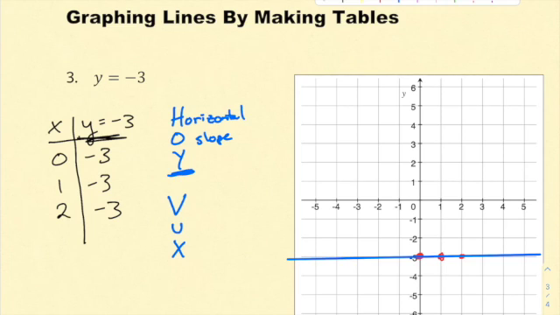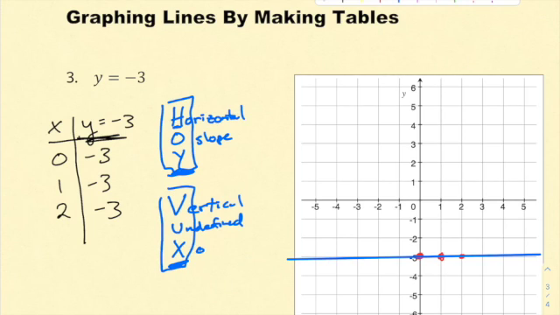So if you just have y, you're a horizontal line with a 0 slope, even though we'll talk about slope another time. And you're going to see the Vux part stands for a vertical line has an undefined slope and just has x in the equation. It's kind of the opposite. So x only, y only.